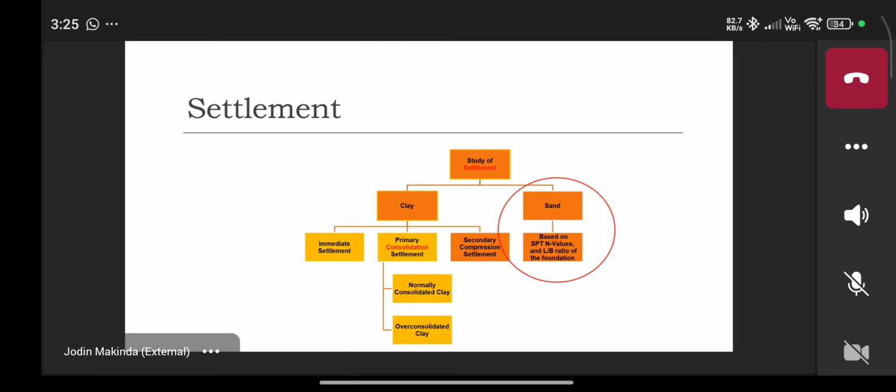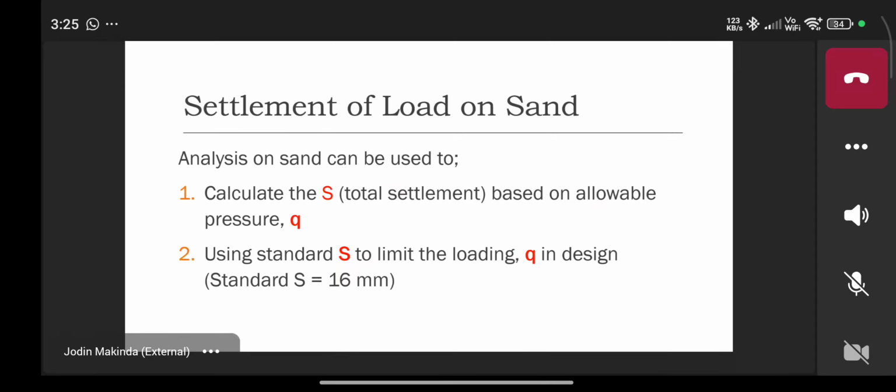Yeah, so these two are the parameters needed for design or for calculation of the settlement in sand. Once you have these two parameters, one is the SPT value, two is the ratio between length and breadth, then you can analyze the settlement on sand using two principles.